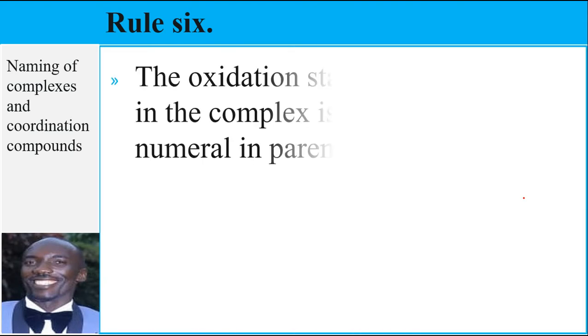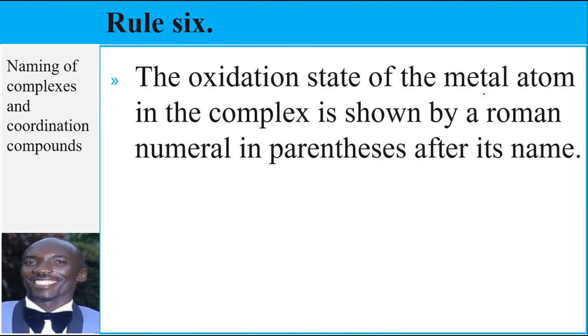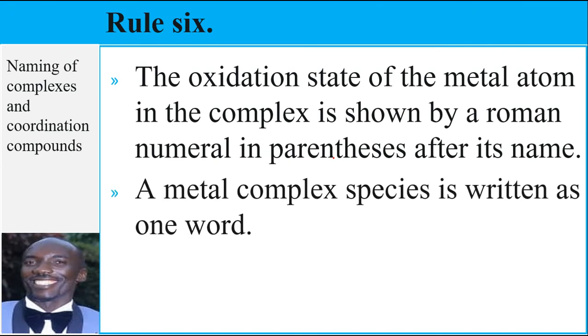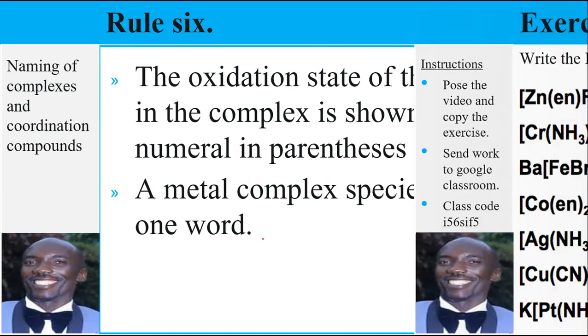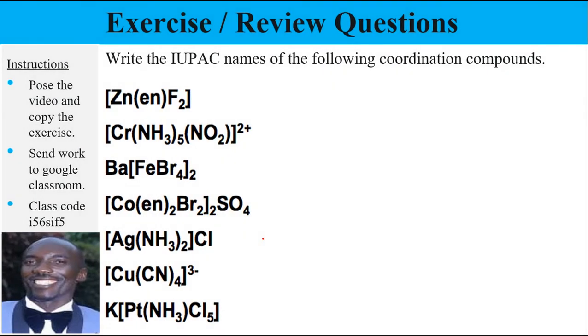Rule number 6. The oxidation state of the metal atom in the complex is shown by Roman numerals after the parent metal, or after naming the metal atom. Then a metal complex species is written as one word. So there we have examples.